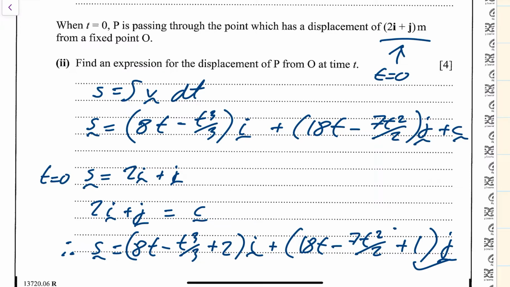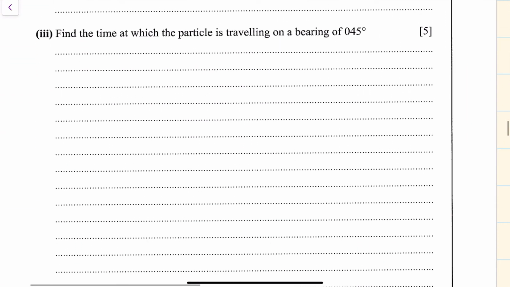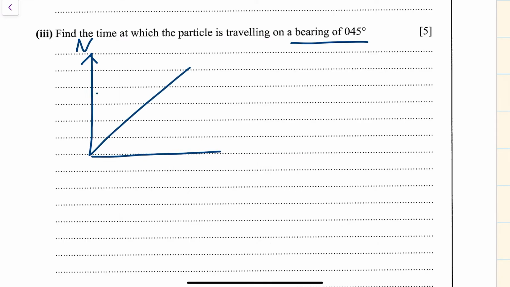Okay, the next question says, find the time at which the particle is traveling on a bearing of 045. A lot of people told me this was an impossible question. Absolutely not. A bearing of 45 degrees means this. Bearings are measured from the north, clockwise, so the angle you've gone through is 45 degrees, and there's 3 figures, but that's all it's doing.